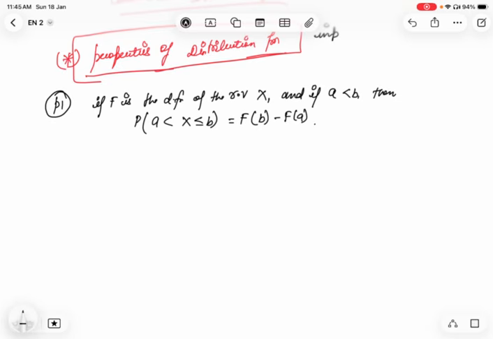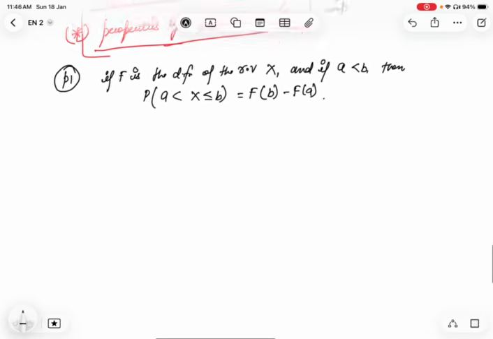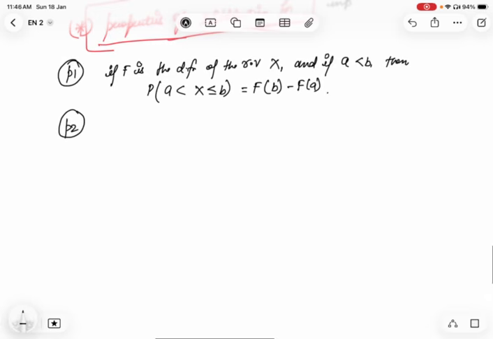I'm not giving the proof of these because the proof is not important, but if you want it, you should use a book like Fundamentals of Mathematical Statistics. Property 2 is that P(a ≤ X ≤ b) = P(X = a) + F(b) - F(a).